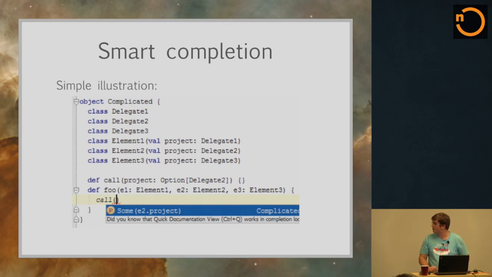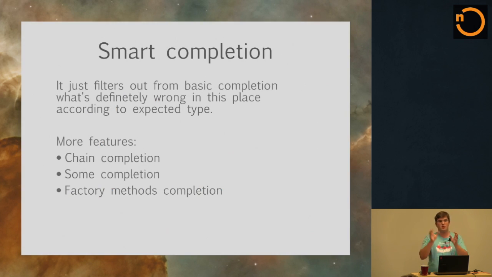There is also some completion. You saw here, when the expected type is Option and we have a non-Option variable, we can complete Some of this variable. And there is also factory method completion. If we search for some type, we usually have factory methods in companion objects of this type.